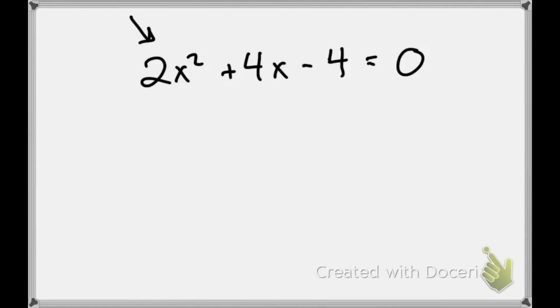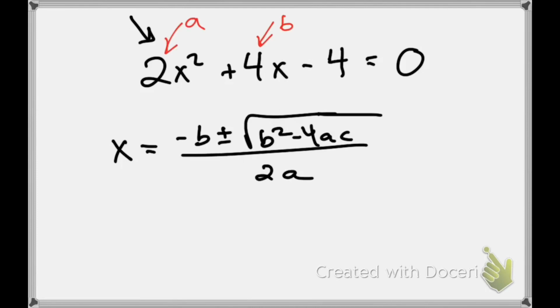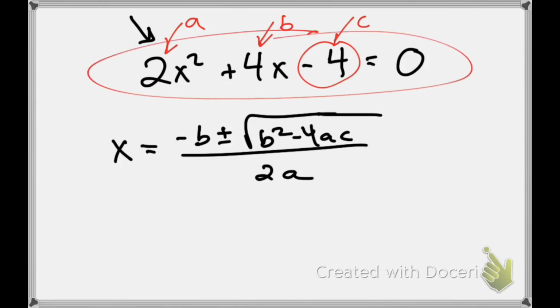So to solve this, I'd say the easiest way to solve for x here would just be using the quadratic formula. Remember, this is A, B, C. So just use the quadratic formula if you do come across this type of situation.